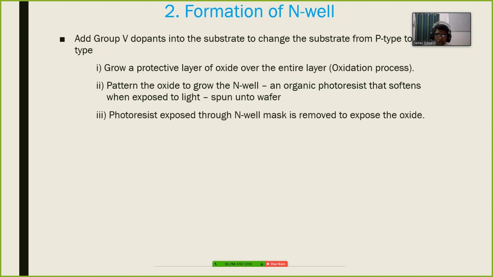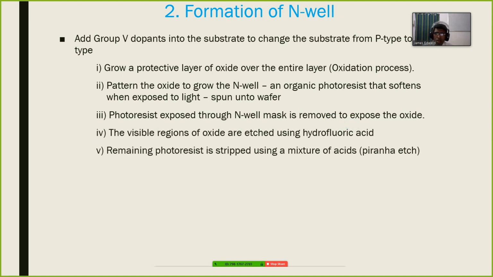Then we expose the photoresist through the N-well mask and etch away the unwanted regions using hydrofluoric acid. And finally, we remove oxide layers using hydrofluoric acid, while the photoresist is stripped using a mixture of acids called piranha etch.